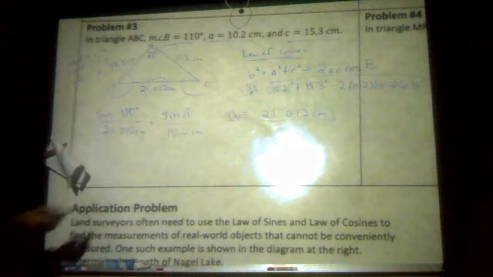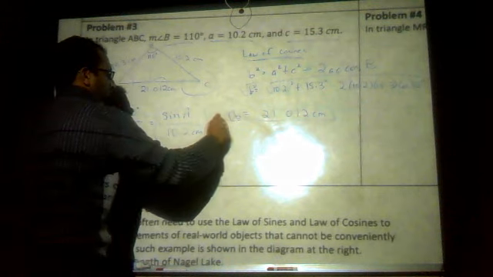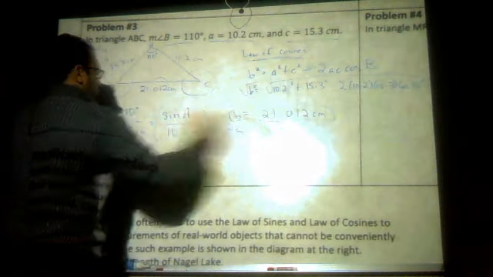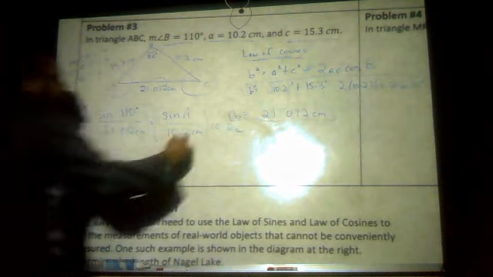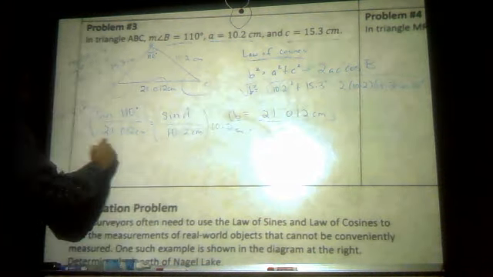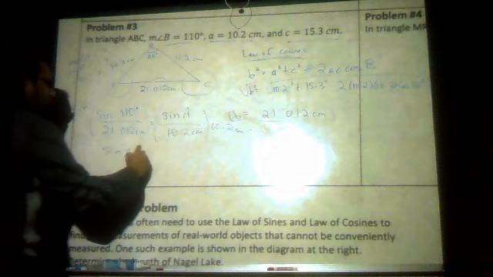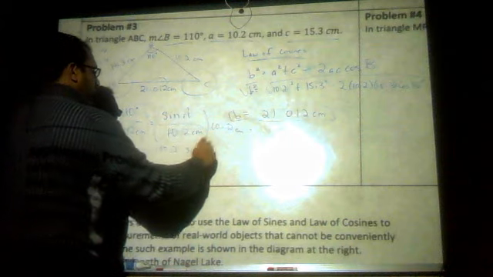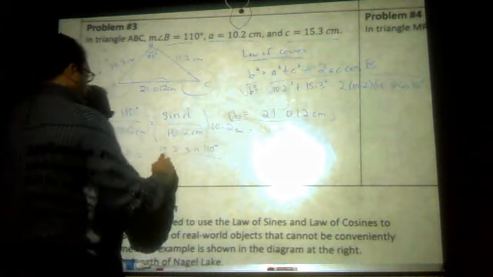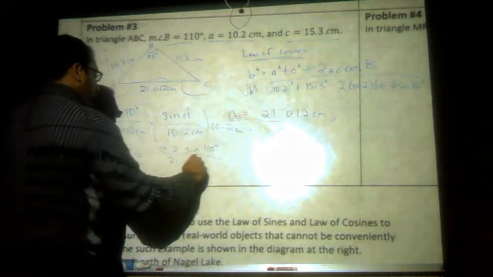So how am I going to solve this? Well, multiply by 10.2 centimeters. These cancel out. So sine A is going to equal 10.2 times the sine of 110 degrees divided by 21.012 centimeters.